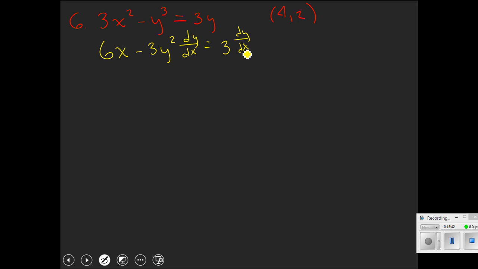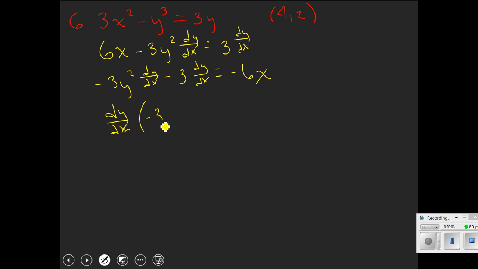I want the dy/dx's by themselves, so I'm going to move them to the left. So 3y squared dy/dx minus 3 dy/dx equals negative 6x. Factor out a dy/dx. Whoa, that's x.